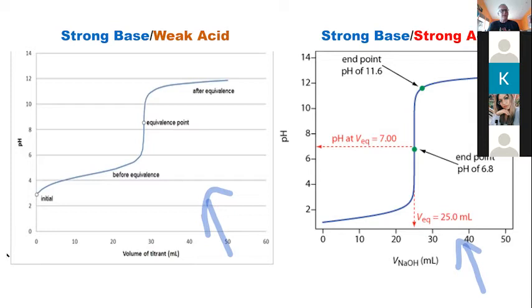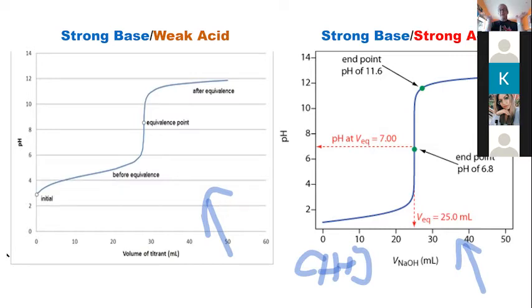What do you notice about it? It's not at 0 for the weak acid. Yeah, for the strong acid, the pH is much lower, right? Meaning that for the same concentration of acid, I get a lot higher concentration of H plus when I have a strong acid. And that makes sense, right?